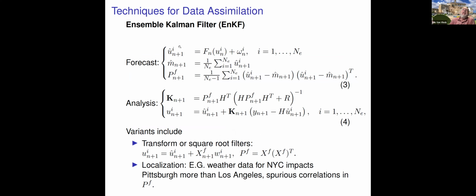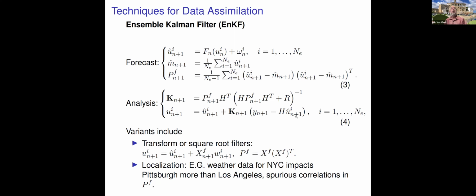We use our F here to advance the forecast for all the ensemble members. We compute a forecast mean, and from that, a sample forecast covariance given by this P^F. The analysis in this case can then be formed by updating the forecast ensembles using the Kalman gain times the innovation. The innovation is y_n minus H of this u-hat_{n+1}^i.